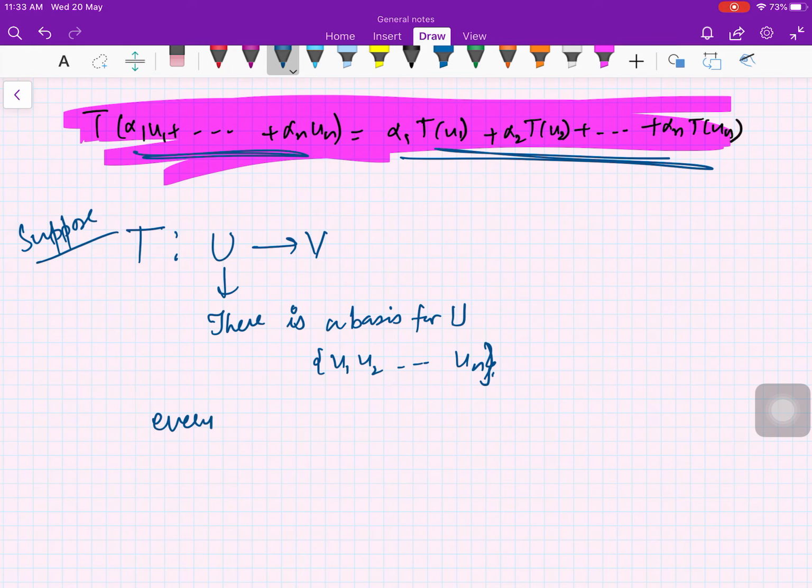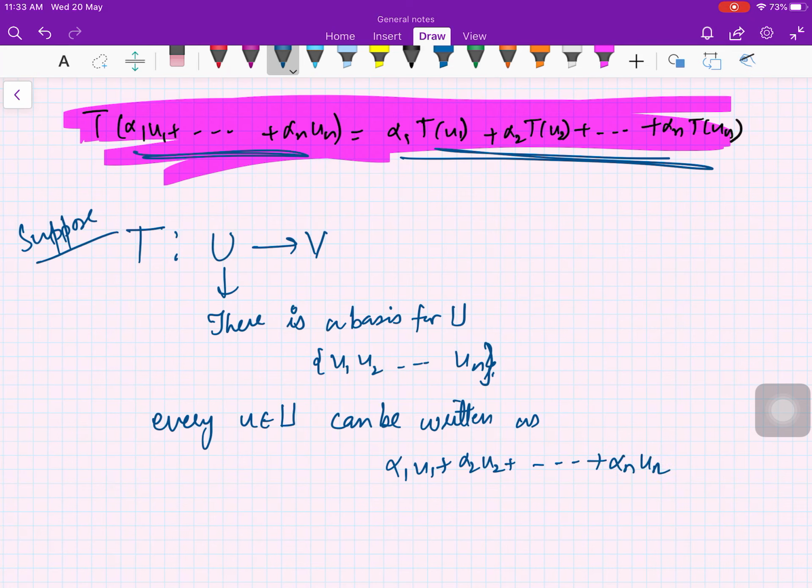Then it means that every u belonging to U can be written as alpha 1 u1 plus alpha 2 u2 plus so on alpha n un, right?